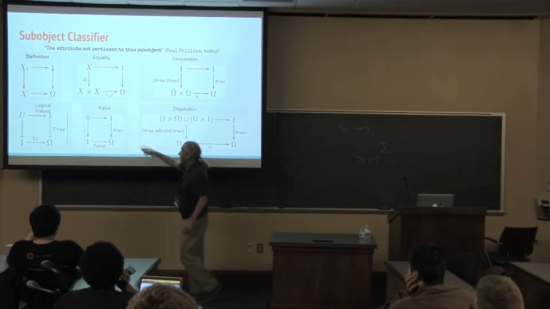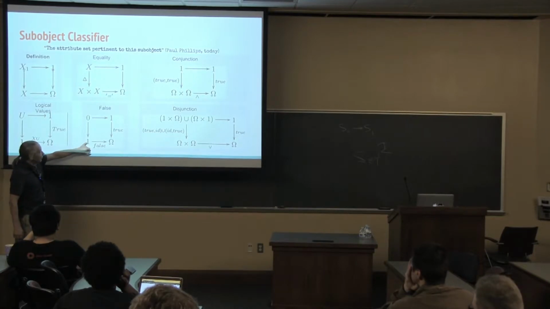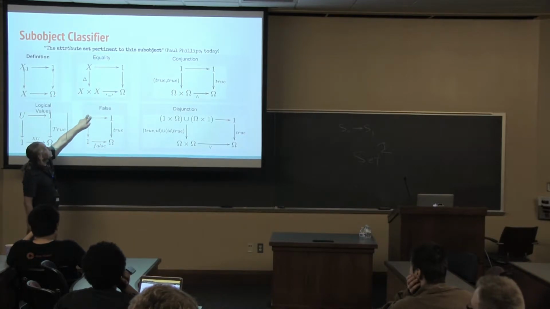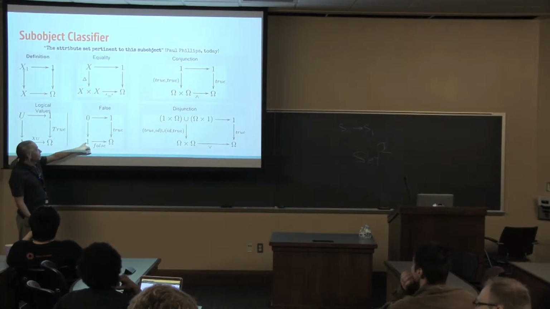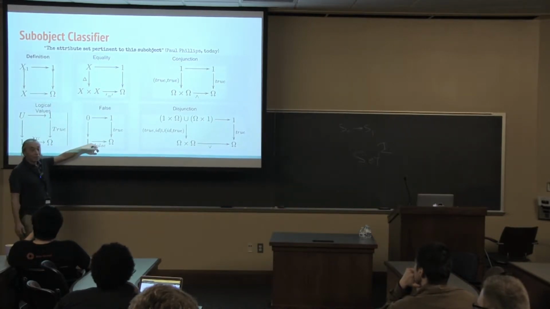How about false? False is defined like this: an arrow from 1 to omega, a point in omega, such that it classifies 0, the empty object, meaning nothing from here gets into truth.